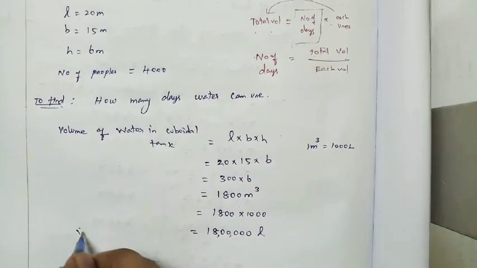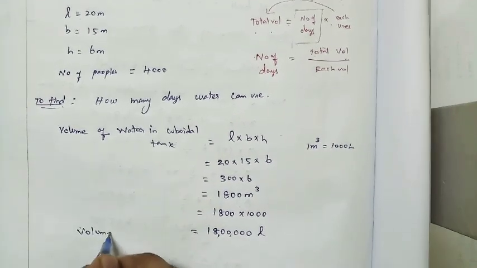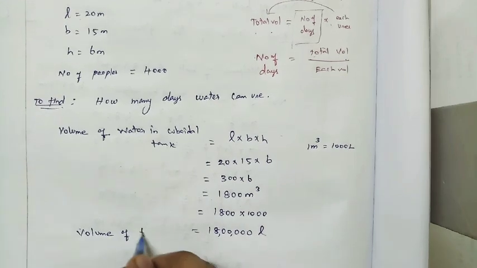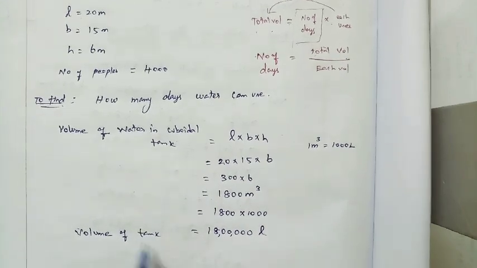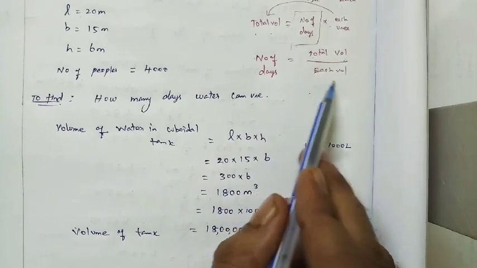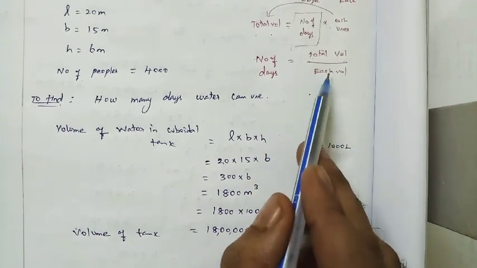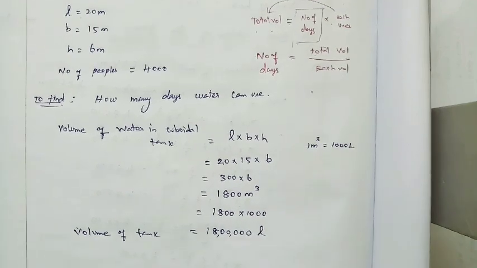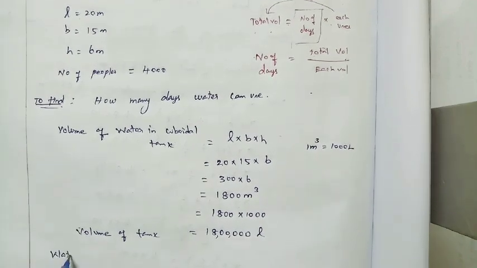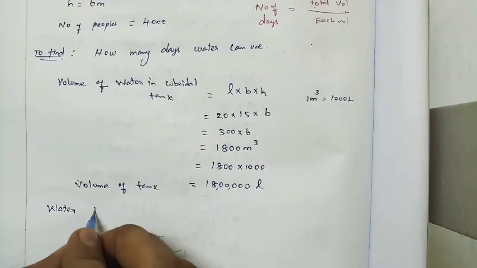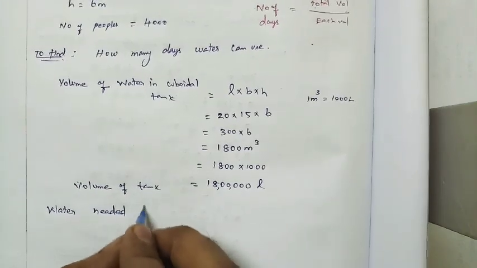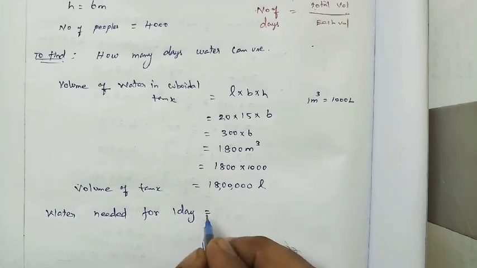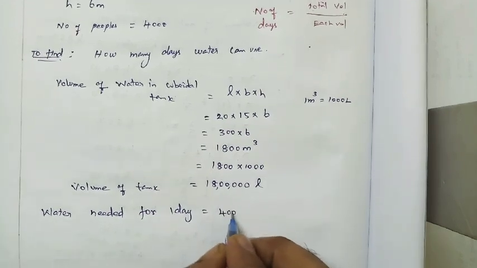Now we have found the volume of water in the tank. Next, what we want to find is the water needed for 1 day. Totally how many people are there? 4,000 people.